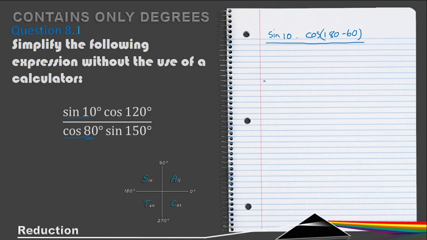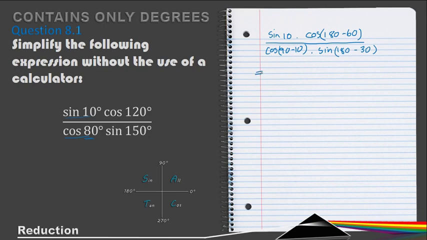And then cos 80, we said we can break that up into 90 minus 10. So cos 90 minus 10. And then sine 150, that's 180 minus 30. So sine 180 degrees minus 30.